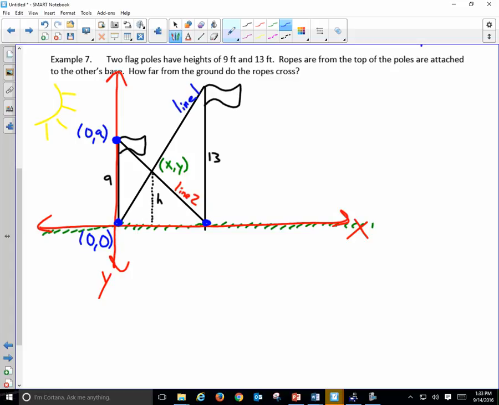But we don't really know how far over they are. They don't tell us how far apart they're separated, do they? So I'm going to call that d just for the distance that they are apart. And then the y value would be 0. And then we could write a nice expression for that point up there, which would be d, 13.